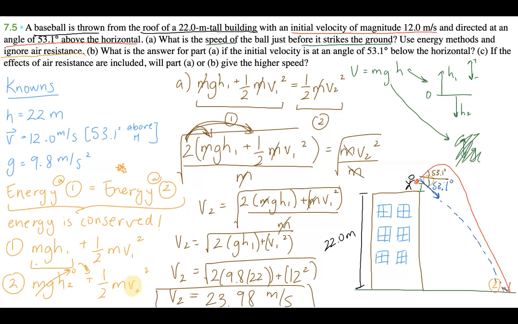Now, I want you to think, what's the answer going to be? The answer is identical, right? And how can I say that right off the bat, without even doing anything? Well, look at part A. Did we use this 53.1 degree angle anywhere? Do you see that anywhere in part A? And no, we didn't.